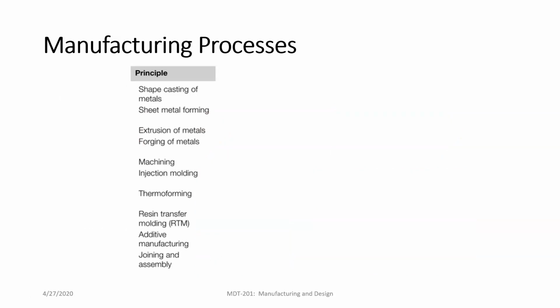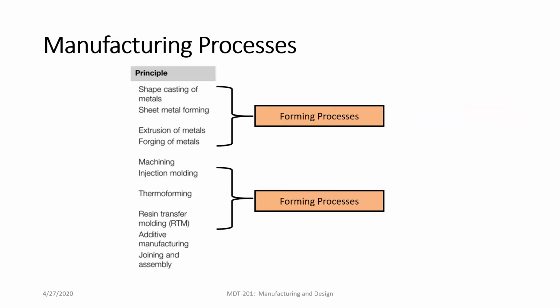Looking at the different principles, remember we're talking about the manufacturing process hierarchy. The different principles are the shape casting of metal, sheet metal forming, extrusion of metals, forging, machining, injection molding, thermoforming, resin transfer molding, additive manufacturing, and then joining and assembly. These are suited to different types of materials: plastics and metals and other materials.